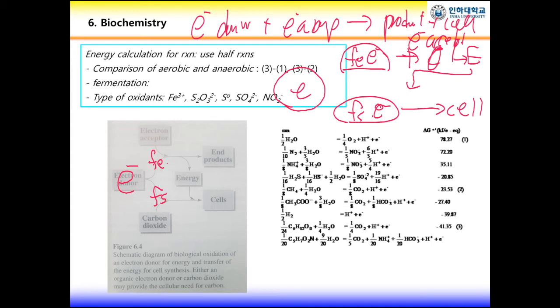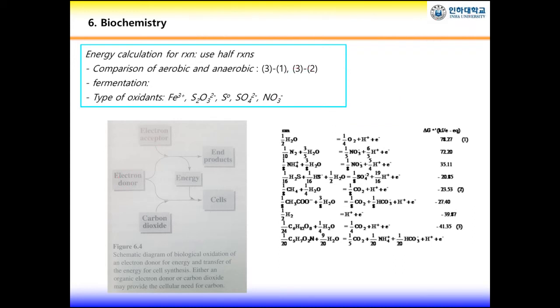Okay, let's go back to the previous case. Here is a list of half reactions for the biological oxidation or reduction. Here we have glucose as electron donor, so that is organic.